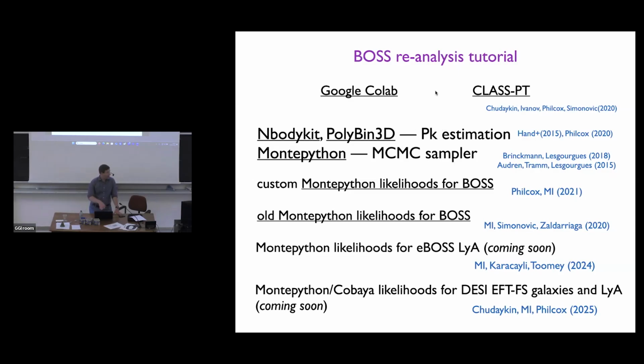But in general, I will make this slide available, and then you can click on these things on the Google Colab notebook that shows you the workflow, and it also has all the links to the GitHub, or mostly GitHub codes that contain the original code.